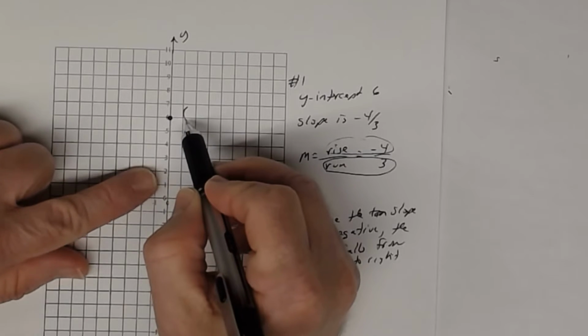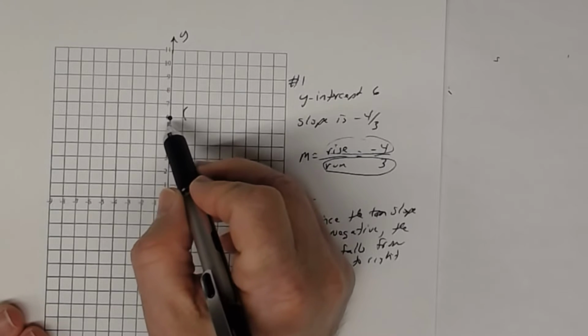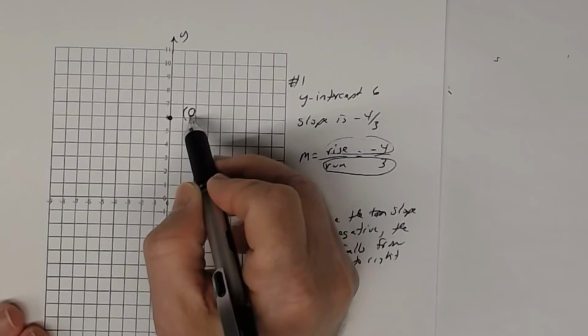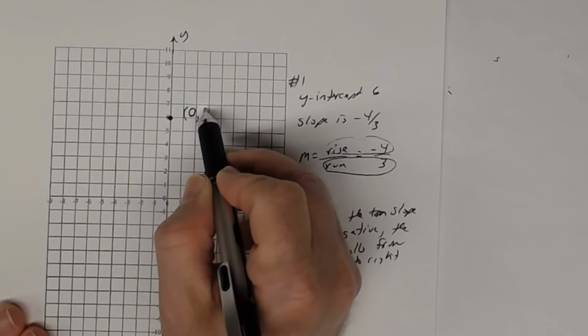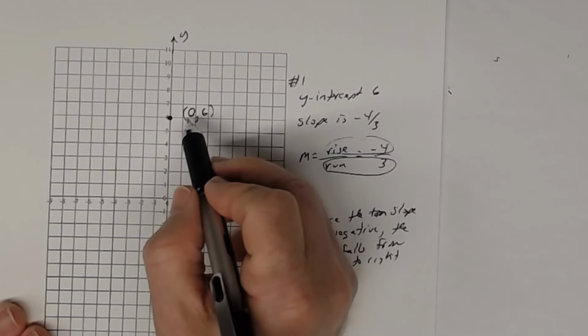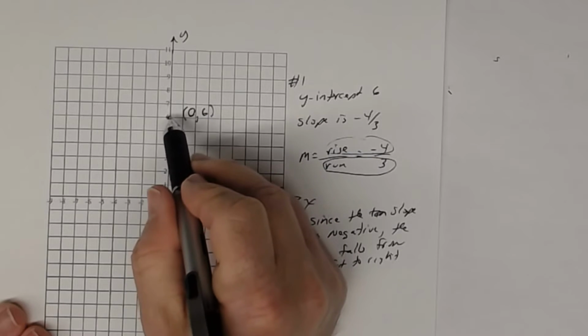If you're asked to label it, which sometimes you will, remember when you're asked to label a point, you need an x and a y coordinate. So my y-intercept is 6, which means that my x coordinate is 0 and my y coordinate is 6. Remember, that's what y is.